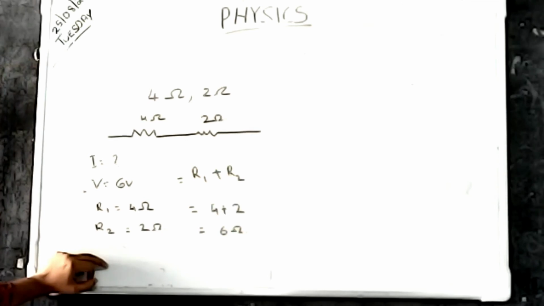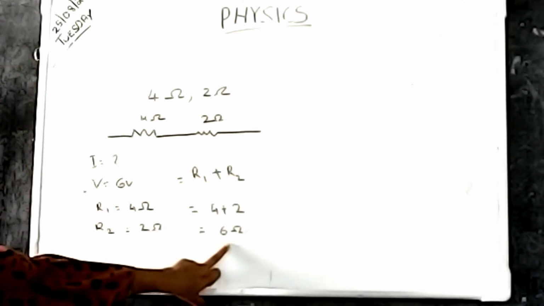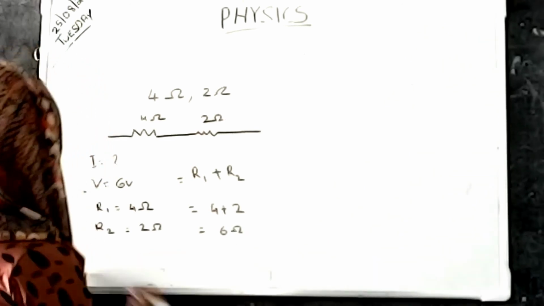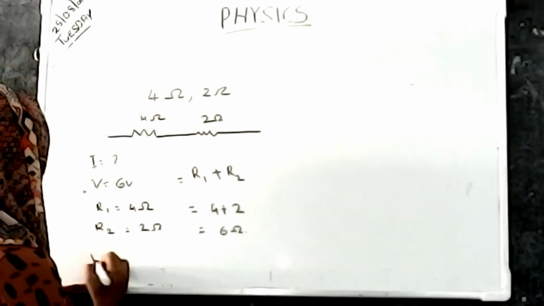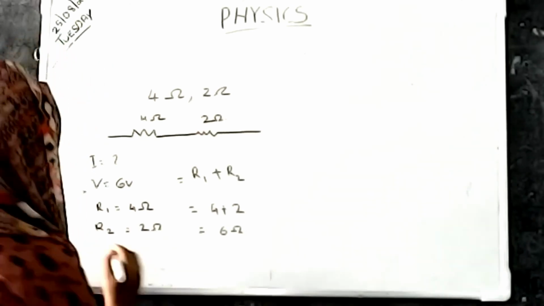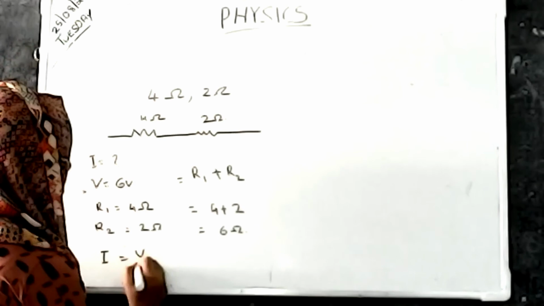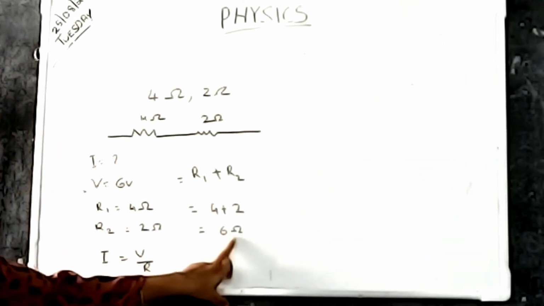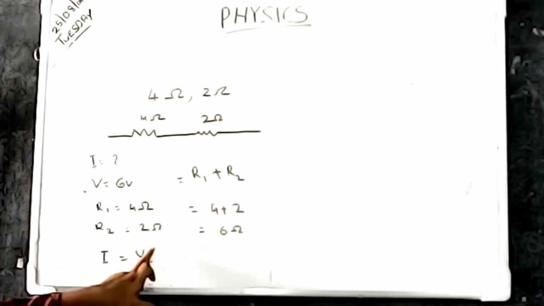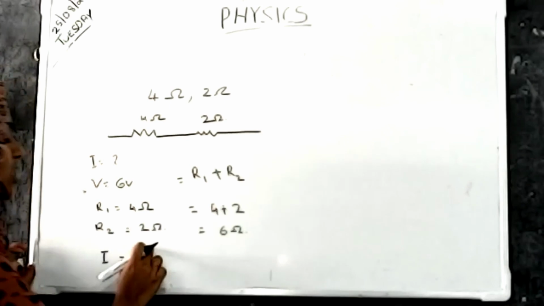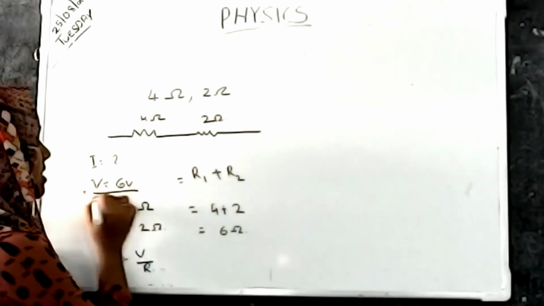Here we find the total resistance, that is 6 ohm. I is equal to V by R. In this, we found the total resistance, 6 ohm, and the potential difference is 6 volt.